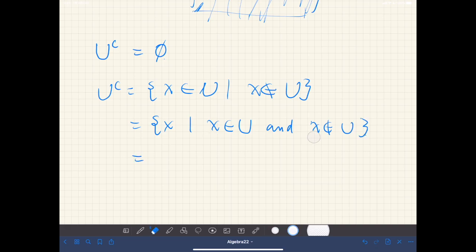No element can satisfy both of these at the same time, so it should be empty.